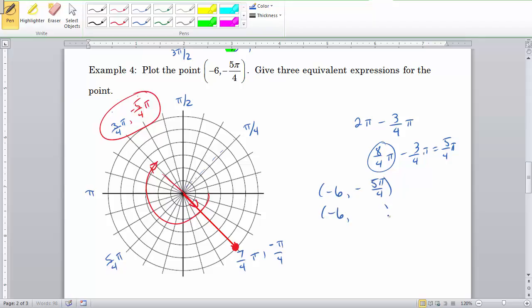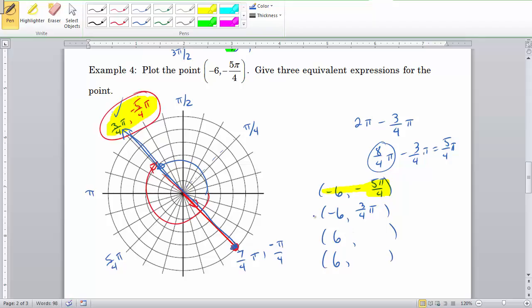So I need another one. If I used the negative 5/4 pi with the negative 6, then I also want to use the positive 3/4 pi with the negative 6. Because what would that be? I would be rotating here, but instead of going toward that, I'm going in the opposite direction.